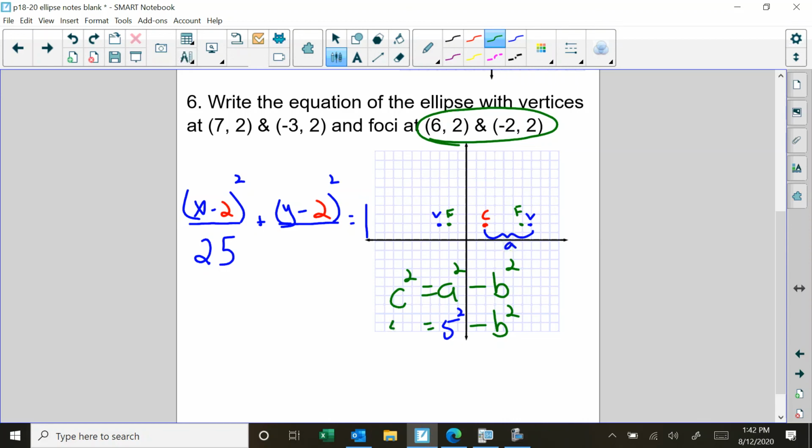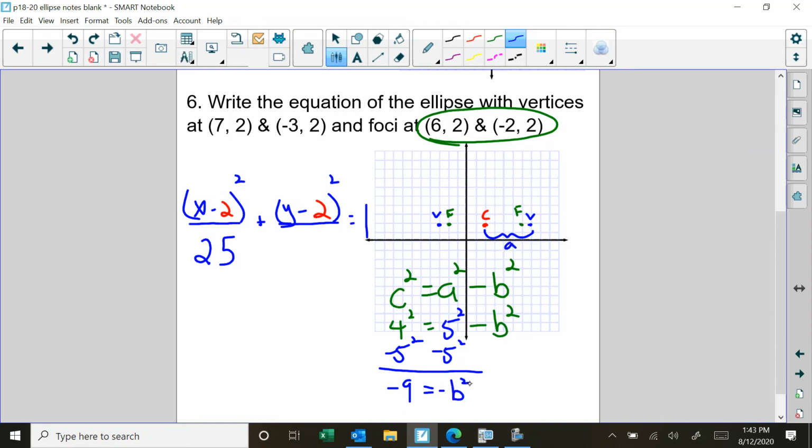If our C value is 4, we square that, we solve this equation, and it gives us the number to put underneath the y minus 2 squared. If we subtract the 25 from both sides, it's 16 minus 25, which should be negative 9.